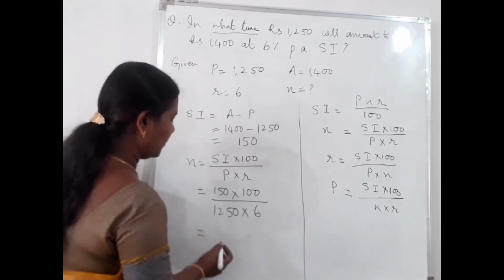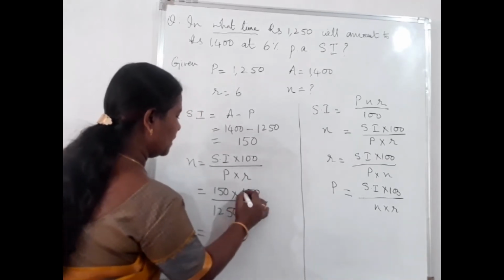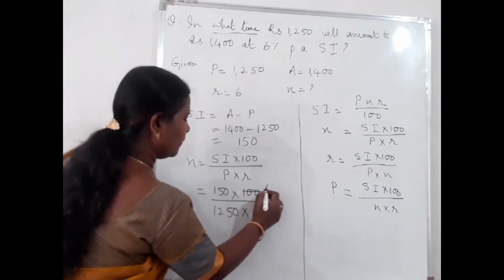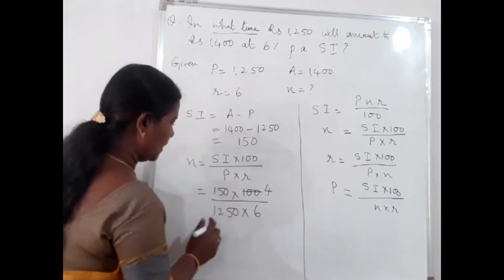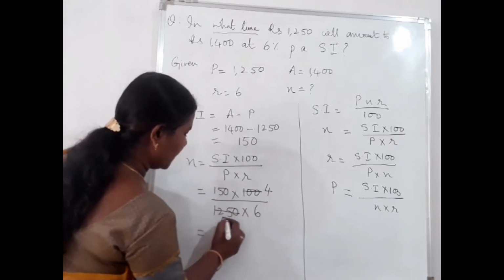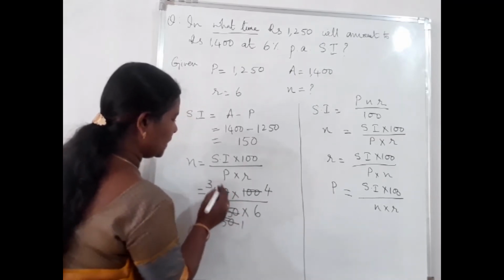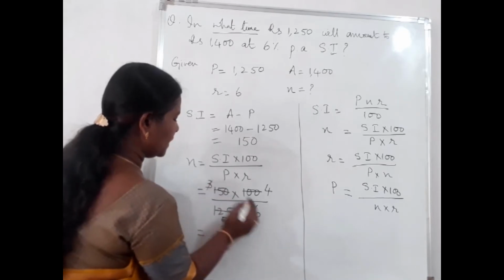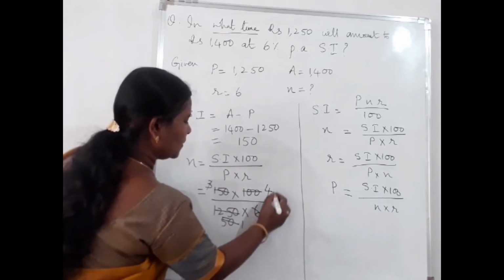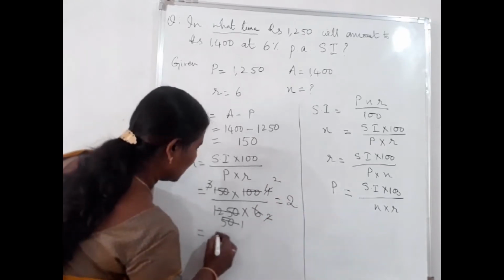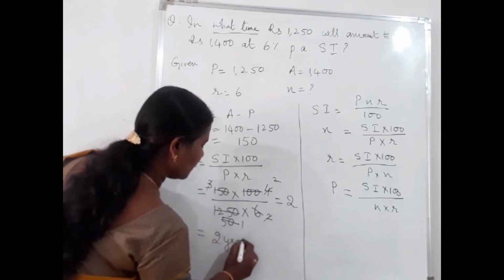Now simplify this. 25 fours are 100, so this is 50. 5 ones are 5, 3 ones are 3, 2 ones are 2, so that is 2 years.